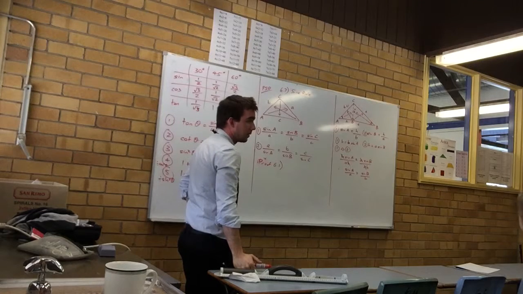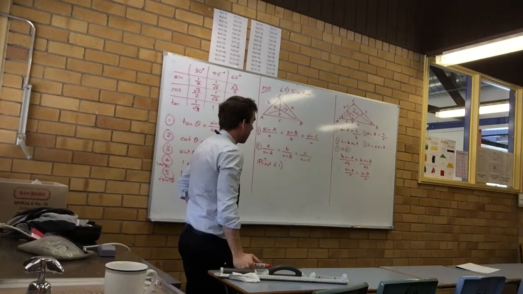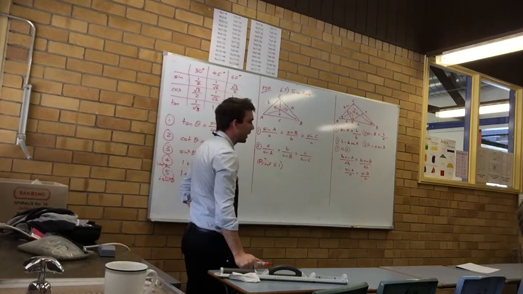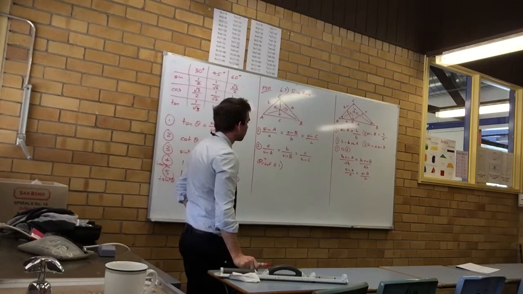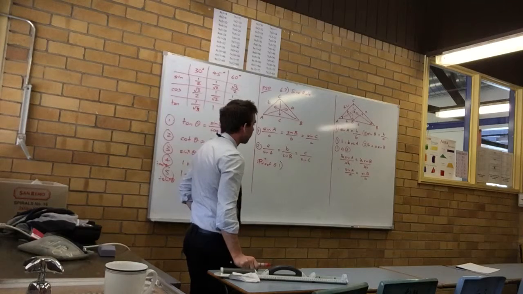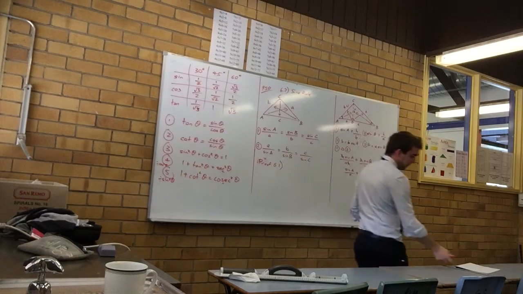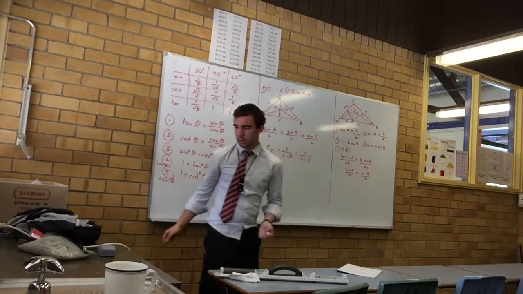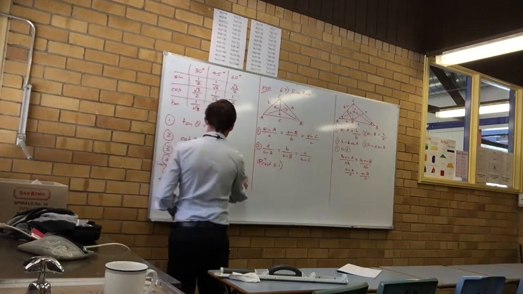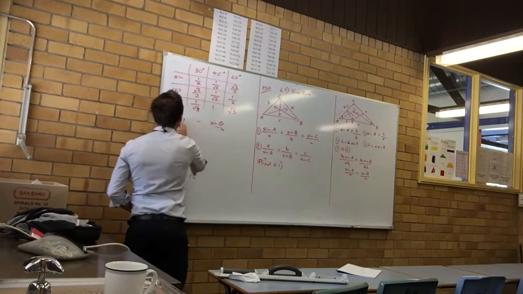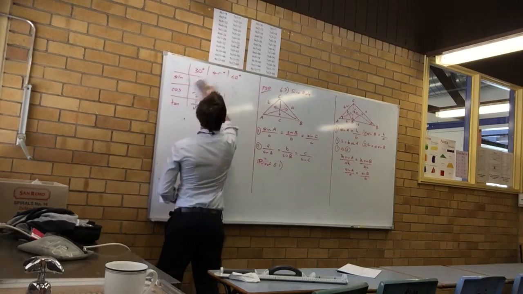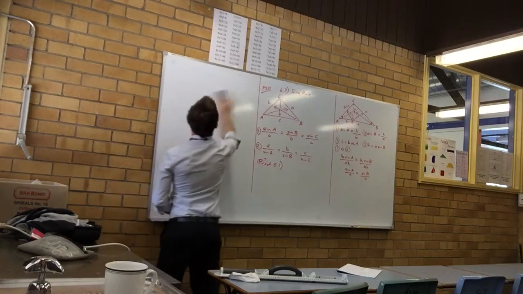Similarly, we also have sine of capital C over C, which equals sine of capital A over A, and also sine of capital B over B. I'm not going to do the second part of the proof, just a slightly different triangle, but I think I'll show you just one, and that'll be enough.